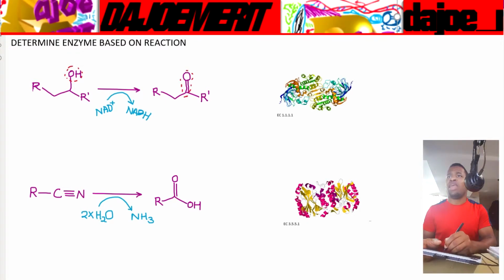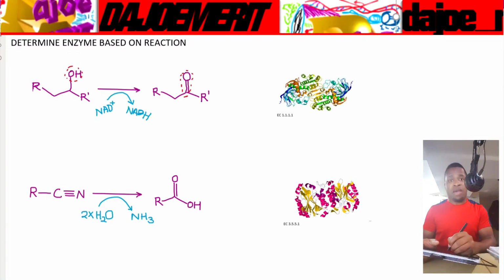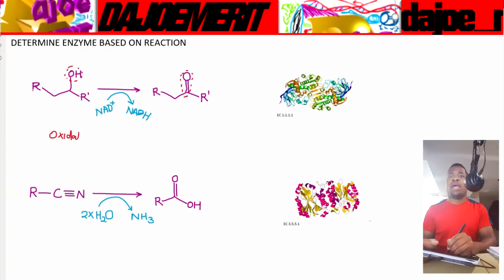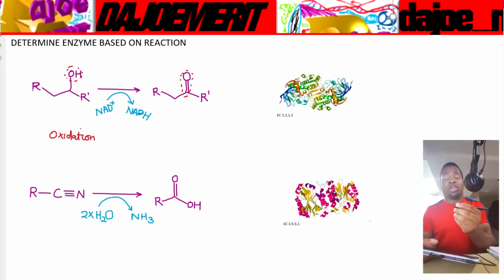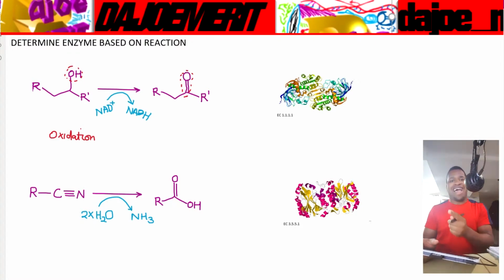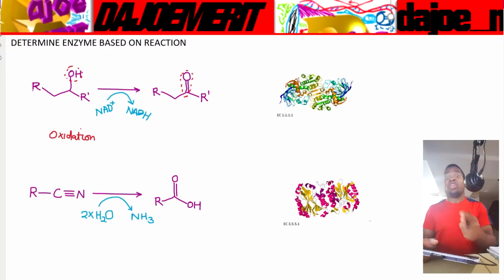So in this case, what we can imply here is that this species performed oxidation, and then you actually identify the reducing agent, or the one that does the reduction, because in this case NAD plus is causing oxidation but itself is reduced.